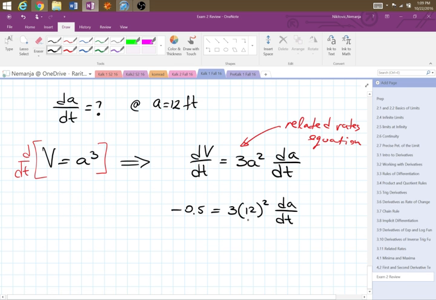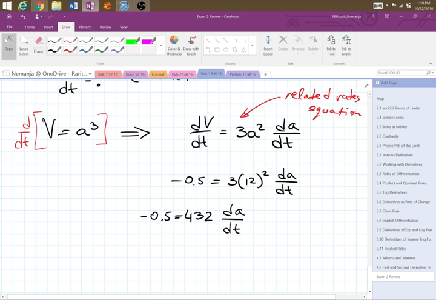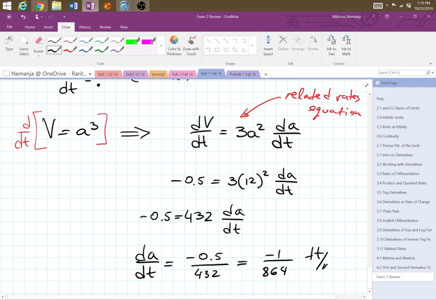So we have 144 times 3, which is 432. So da/dt, which is what we are looking for, is negative 0.5 divided by 432, which is negative 1 over 864 feet per minute.